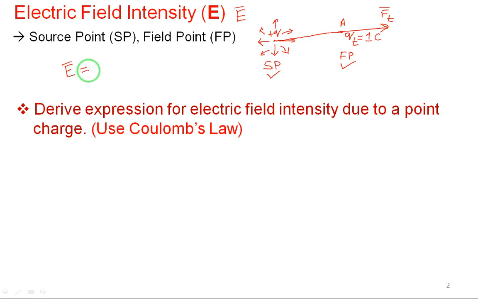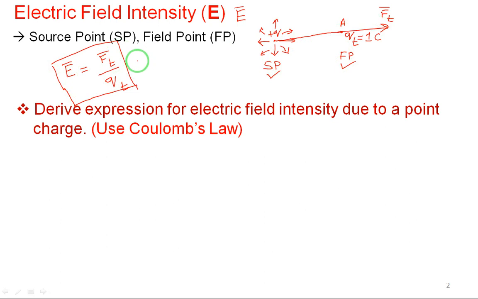Then I want to define electric field intensity E, means the force acting on unit positive test charge, we call it electric field intensity. This is the mathematical definition. So the force Ft acting on unit positive test charge, I call it Qt, right? So this we call electric field intensity, the force acting on the unit positive test charge, Ft by Qt.